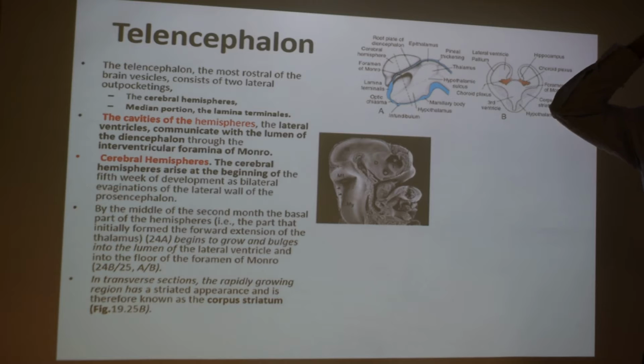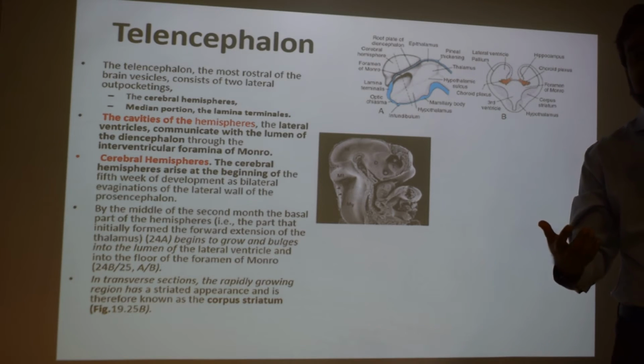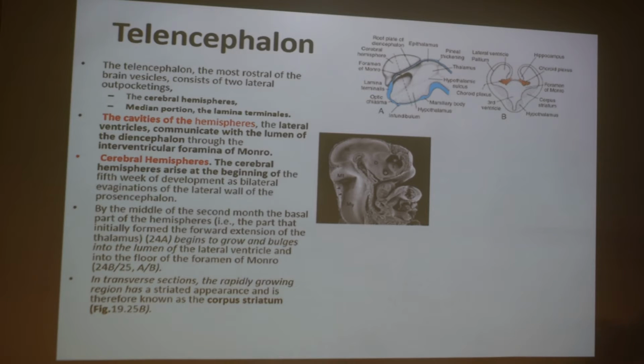So you have frontal, parietal and occipital lobe, and in the center of these, because this is a cup-like outpouching, the center cavity of the telencephalon is going to give rise to the lateral ventricle. So that's why lateral ventricles are hollow structures inside the cerebral hemispheres. So that's all you need to know in terms of the development.